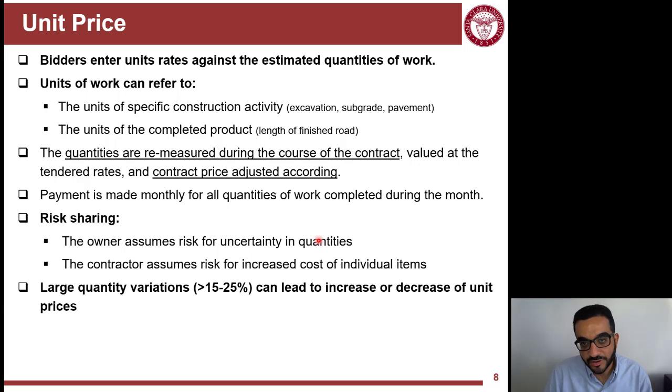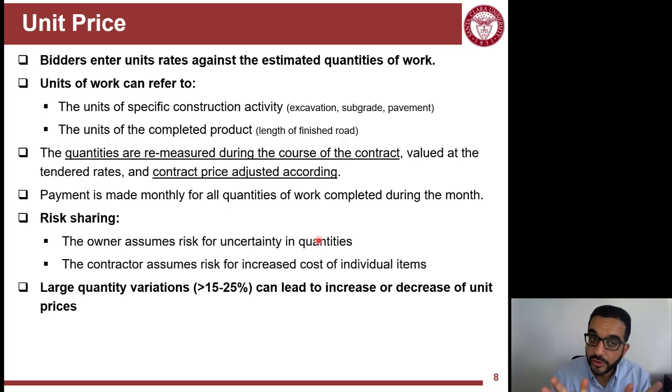Now there is one caveat here. If the quantities that are given as estimated values in the bid process are completely different than what it is in reality, so this quantity variation is more than 15 to 25%, then the contractor is entitled to a change in unit price.